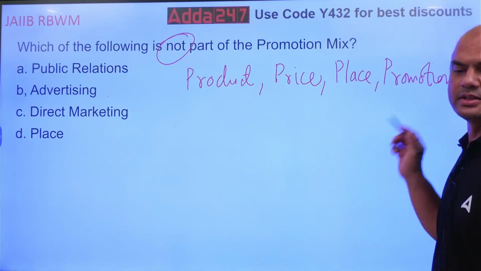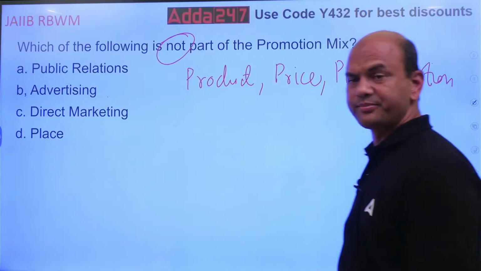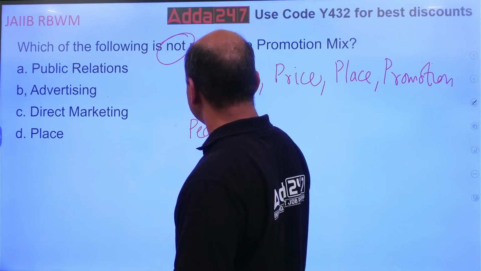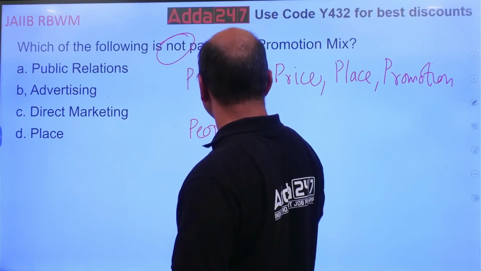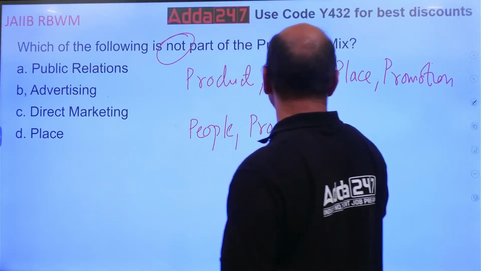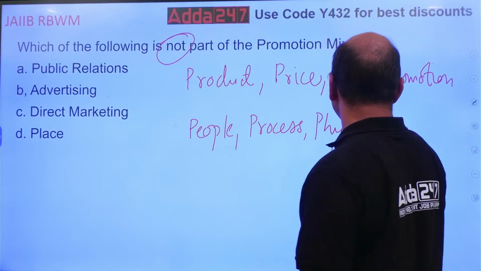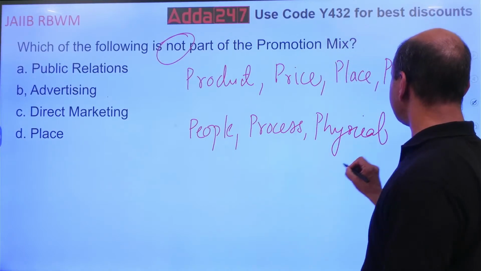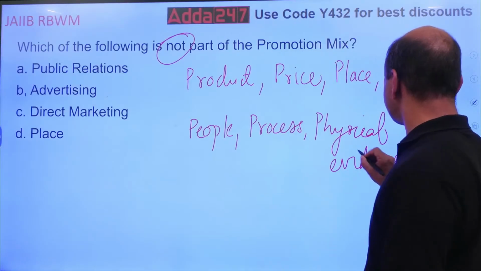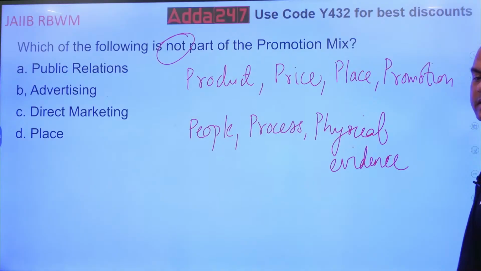And then in services, we add 3 more P's: people, process, and physical evidence. So these are the 7 P's.